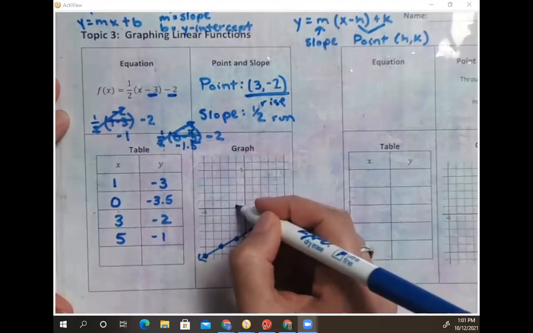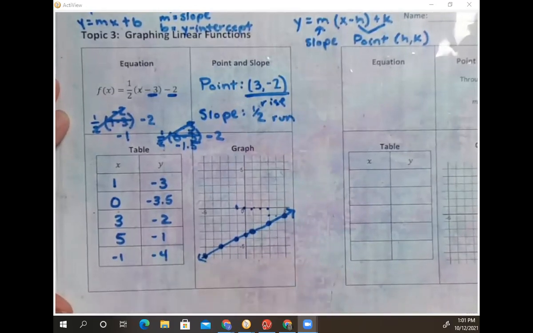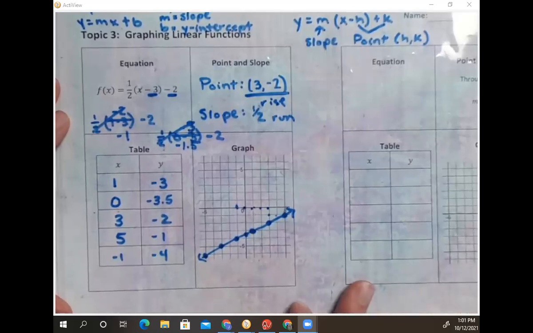And then we could pull from back here, we would have (-1, -4). Or you could take either of these points, that's fine too. I'm looking for you to give me multiple representations for the function. Questions for me so far?